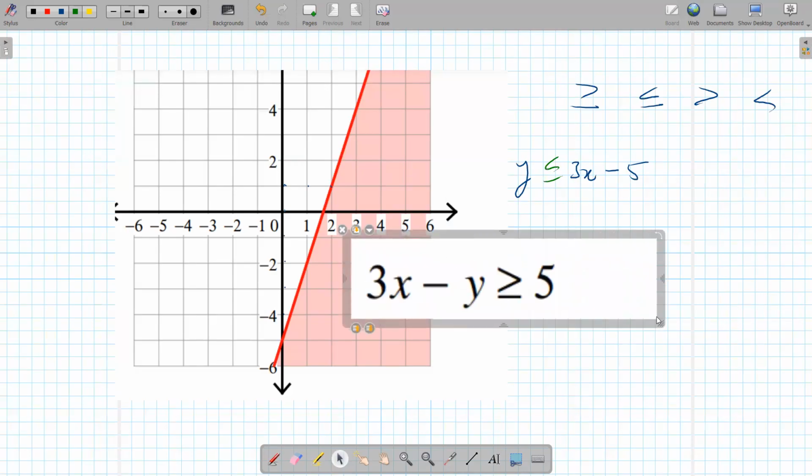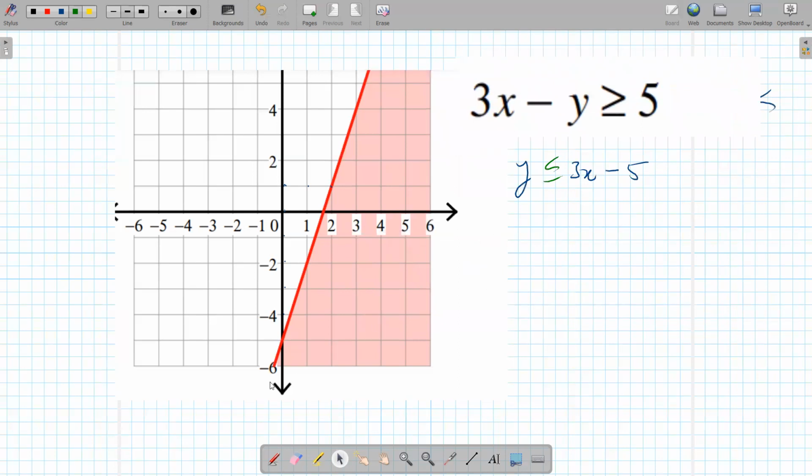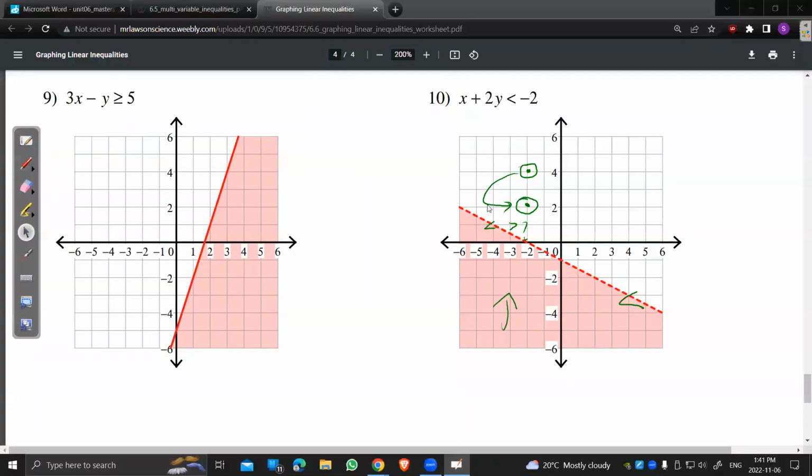This is the question that they had, but it's not in the right form, right? If you were to put this in the right form, you would first subtract 3x, so you get negative 3x plus 5. And then you'd multiply both sides by -1. So y is less than or equal to positive 3x minus 5. And there you go. That's what we have. So this is right. Makes sense? Less than, greater than. It's not that bad. And we know for 10 it was a less than question.